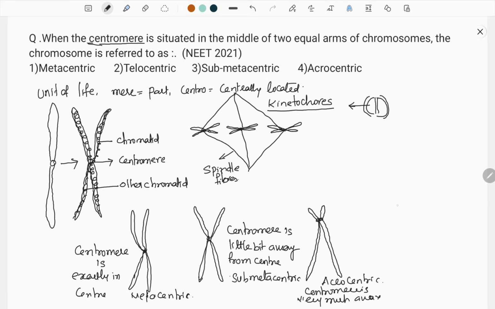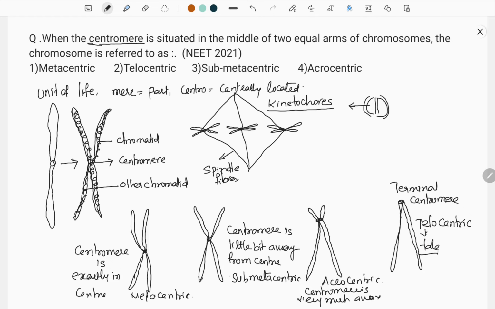And the last one is where the centromere is present at the tip of the chromosome. The tip of the chromosome is called the telomere. So it is called terminal centromere. Centromere is present at the terminal of the chromosome. It is called telocentric. Remember always, telo means end, tail.